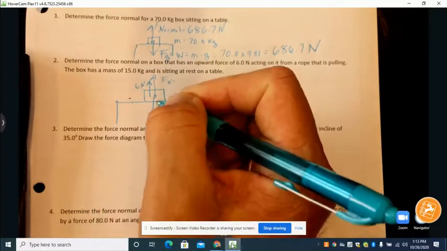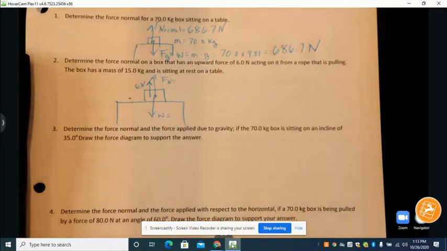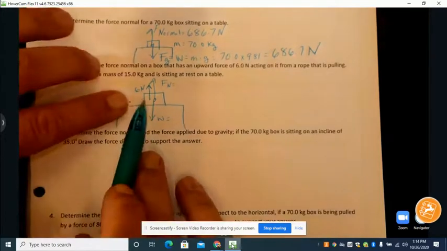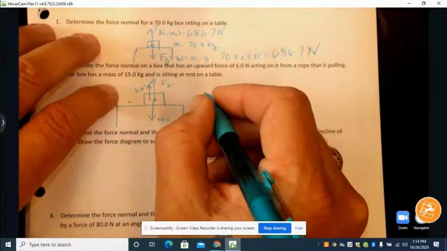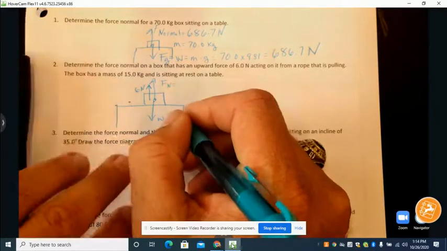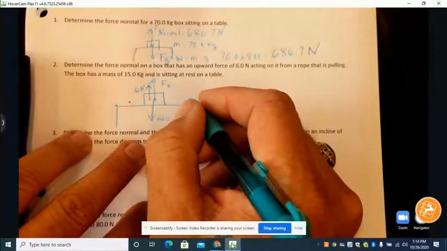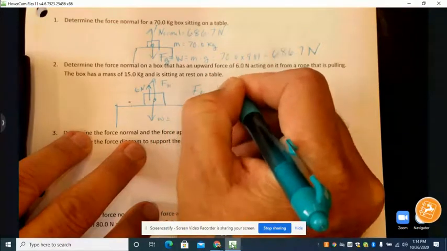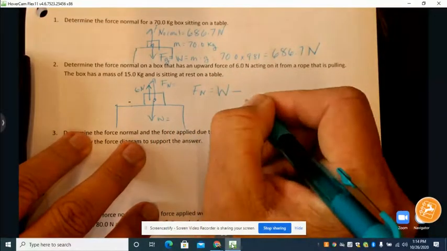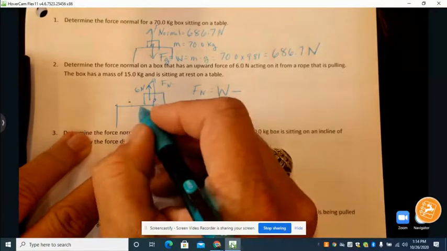Okay? Now, we already said in our scenario, what happens to the force normal when you're pulling up on the rope? It's going to go down. By how much? In this case, it's going to go down by 6 newtons. So what does the force normal equal to start with? The weight. So, force normal is going to equal the weight minus any pull that's acting on it.